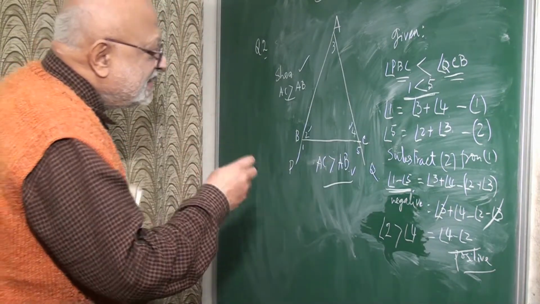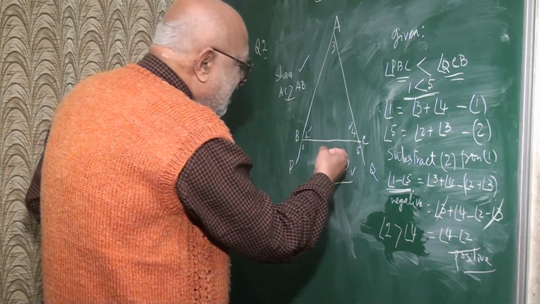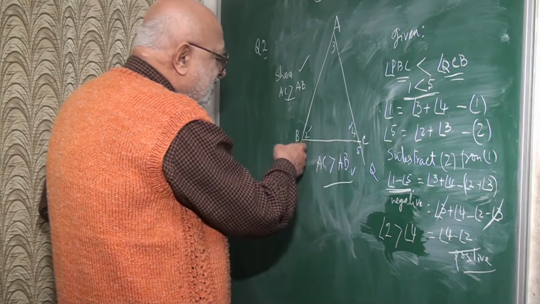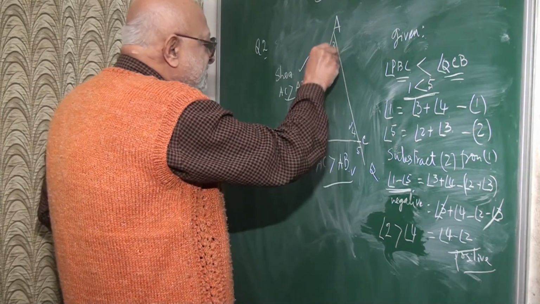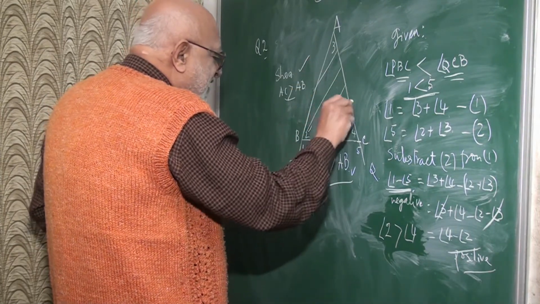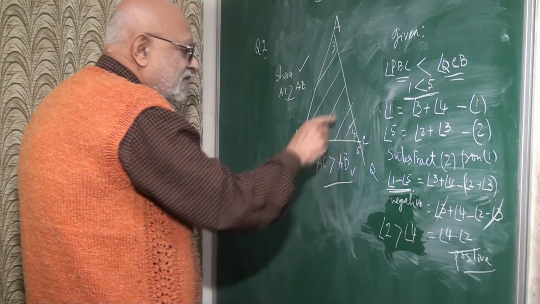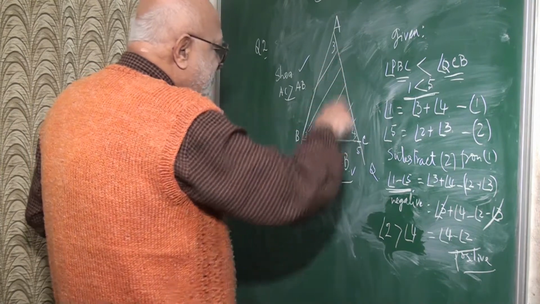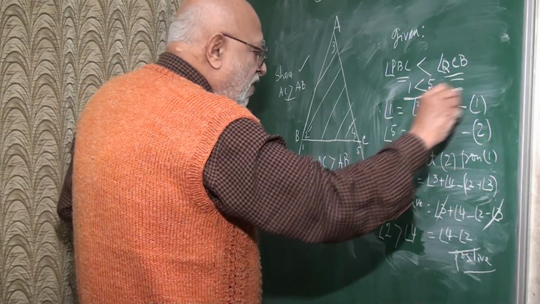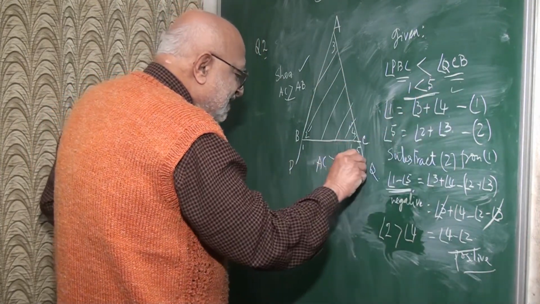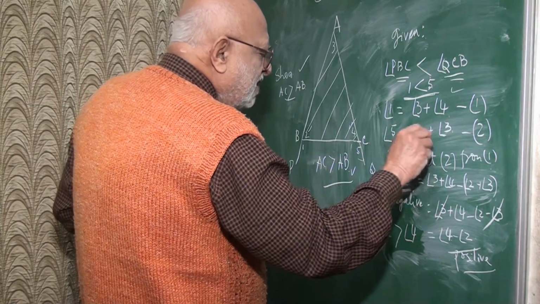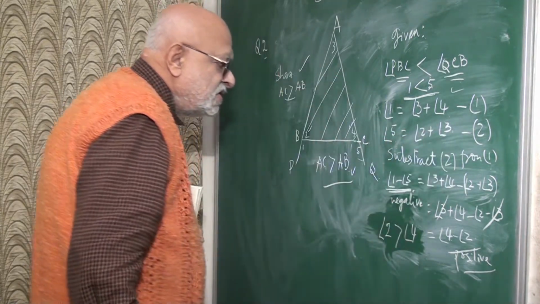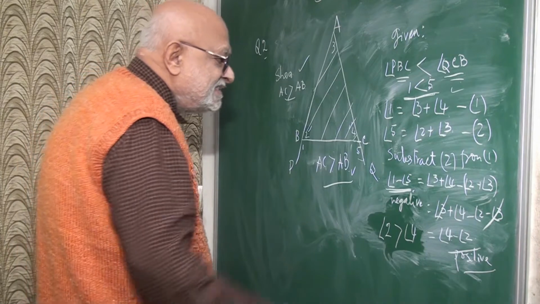The point is that here you take advantage of the property of the external angles of a triangle. So I said angle 1 is equal to angle 3 plus angle 4, and angle 5, again an external angle, is equal to angle 2 plus angle 3. What I have done is subtraction.